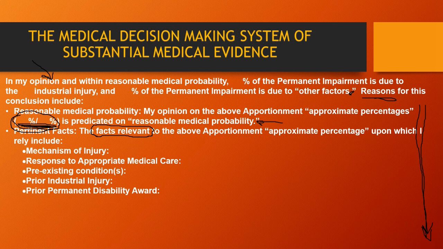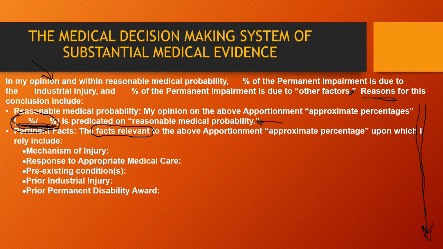These are the facts that you're going to wish you had obtained when you were in the face-to-face interview with the examinee, because when it comes time to provide your apportionment approximate percentages, you're going to need relevant facts. You're going to wish and hope that you had obtained the relevant facts to support your apportionment approximate percentages.